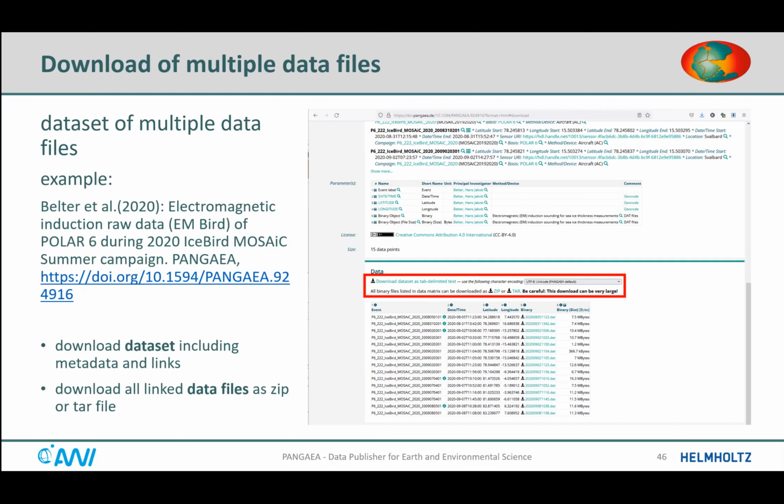So you can click here several times and download several individual things. If you click on download dataset as tab delimited text, you will get this table, which includes the metadata and the links.